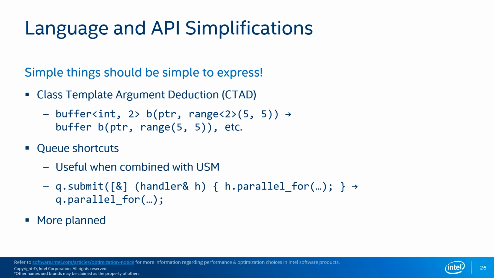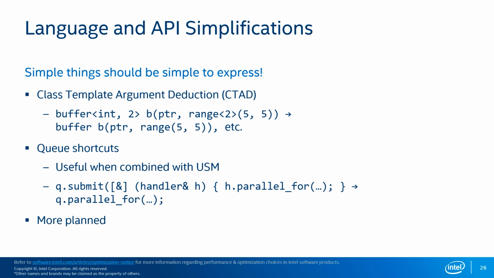First, we can infer that we are creating a two-dimensional range from the fact that we're initializing it with two values. Next, we can infer that we want a two-dimensional buffer from the two-dimensional range. Finally, we can infer that it should be a buffer of integers because pointer has type int star.